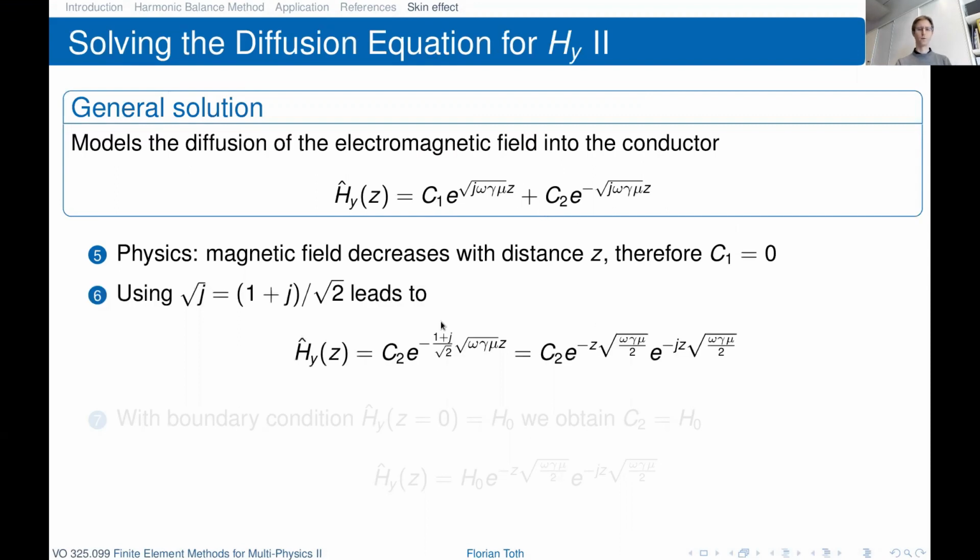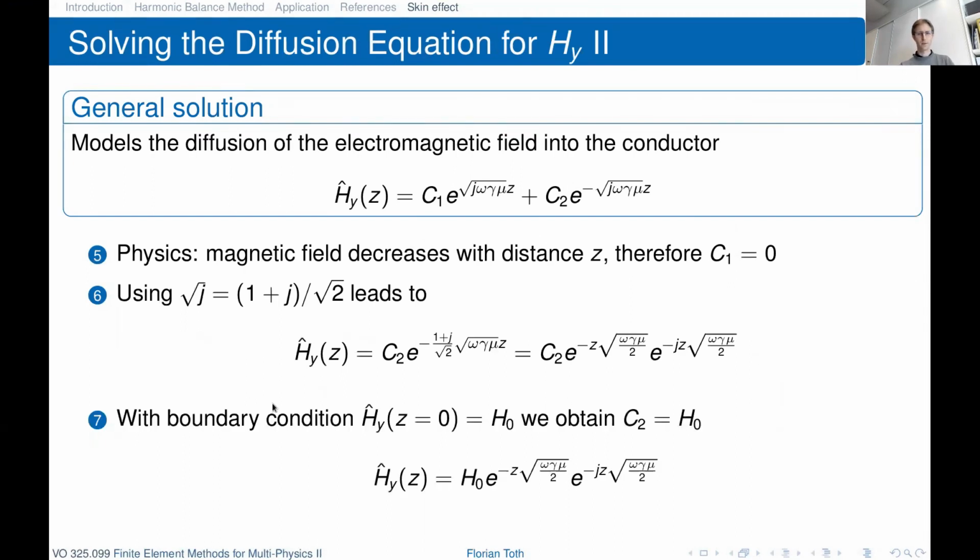Additionally, we can do some math and take the square root of j to rewrite the expression, and we can also use the boundary condition at z equals 0. We want to have the H field H0. So this gives us the second coefficient and the final solution for this equation.